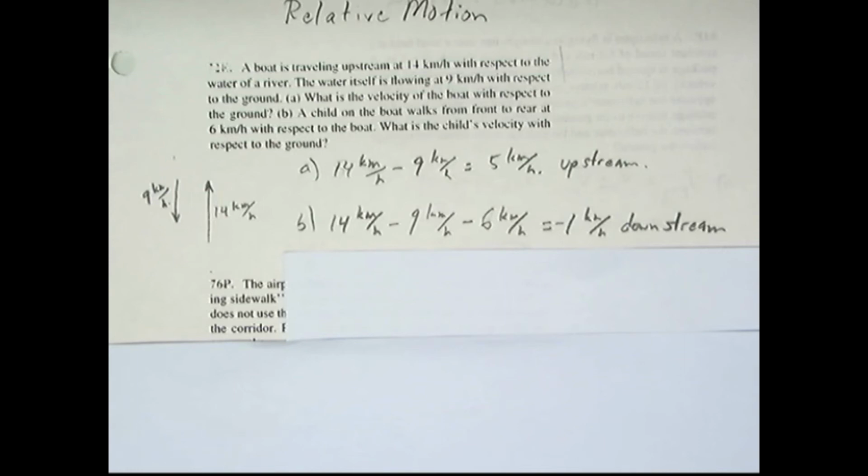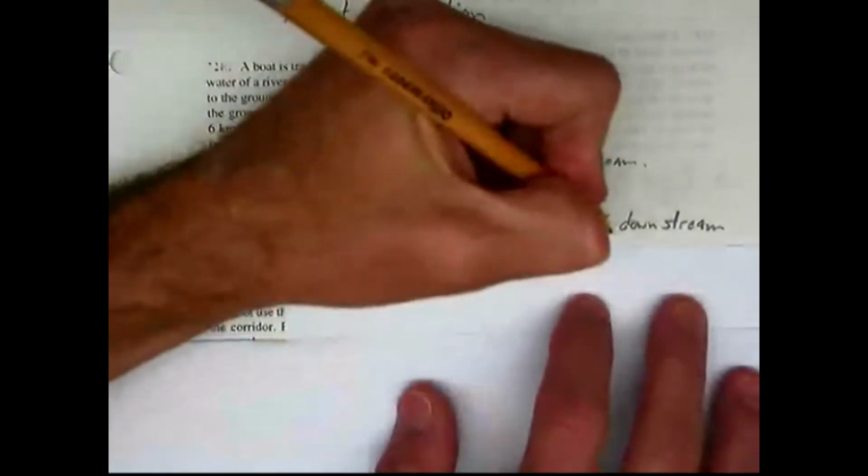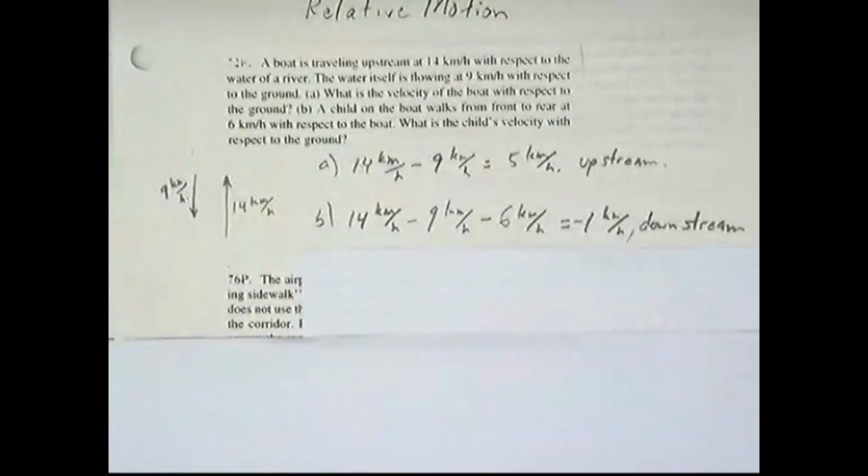Right? So in other words, if you had to draw another arrow on the paper there, I should have probably put a comma there, meaning that the answer is -1 kilometer per hour, right? But that means that it's going downstream. It kind of looks like a double negative, doesn't it? The way I wrote that. It's not supposed to be a double negative.